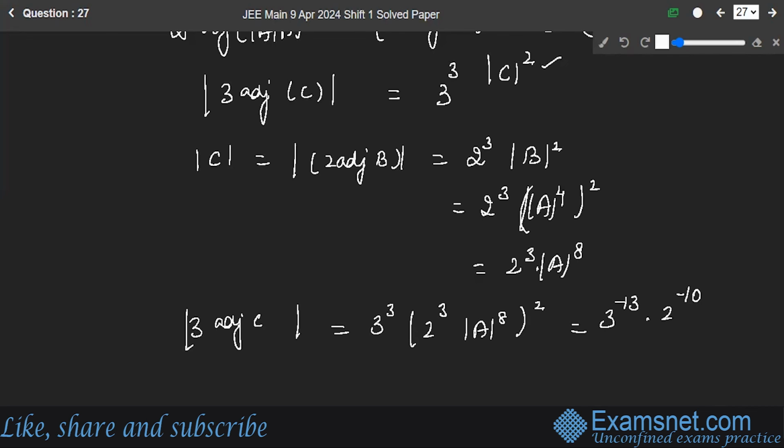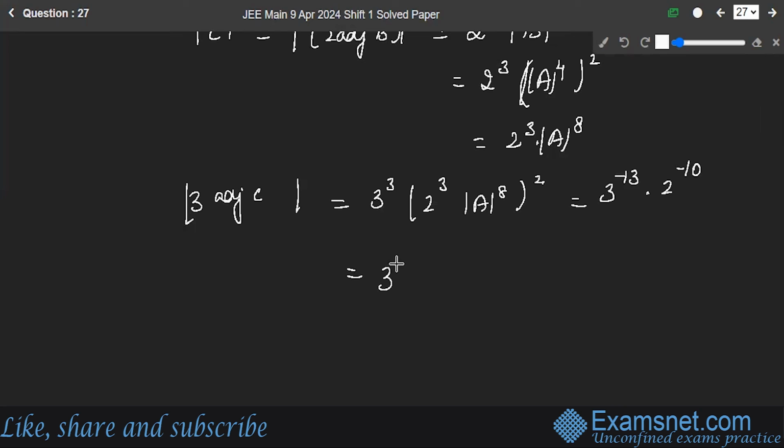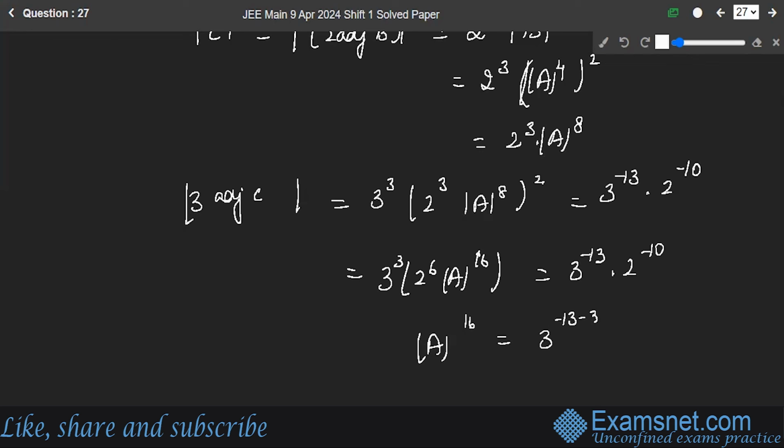So this will give you 3 raised to power 3 into 2 raised to power 6, determinant of A raised to power 16, is equal to this. Further, that will give me determinant of A power 16 equal to 3 power this, and here will be minus 3, right? And this will be 2 raised to power minus 10, and here will be this minus this.